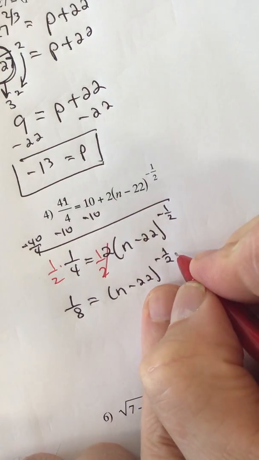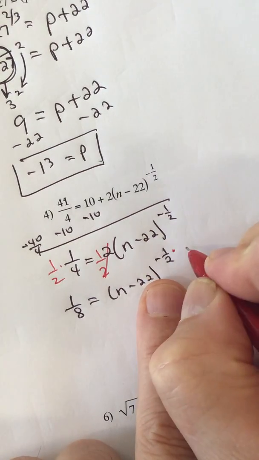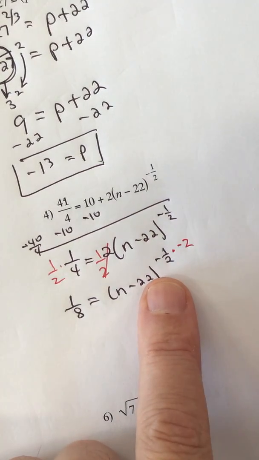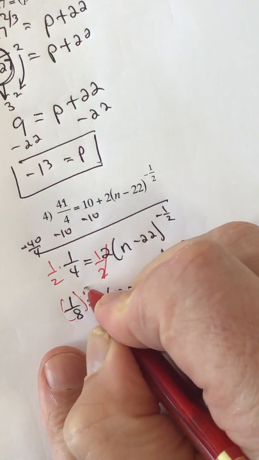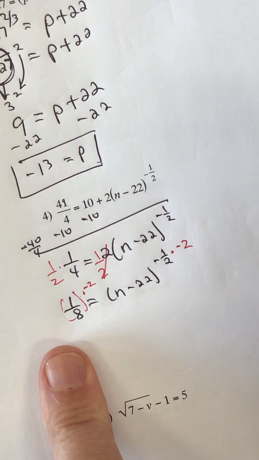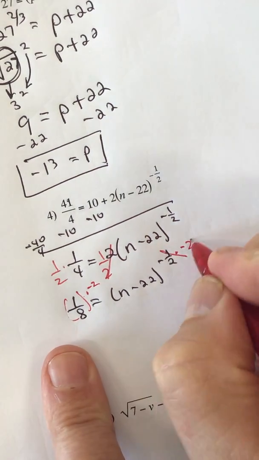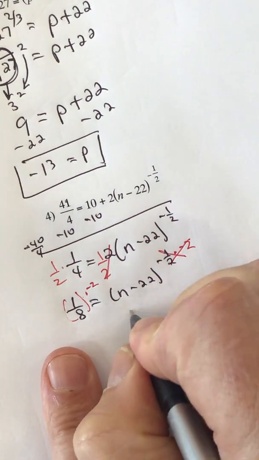Now I need this to become a positive 1, so I'm going to take the power times -2. That means I'm going to take this whole side to the power -2. These go away, which is what I wanted.